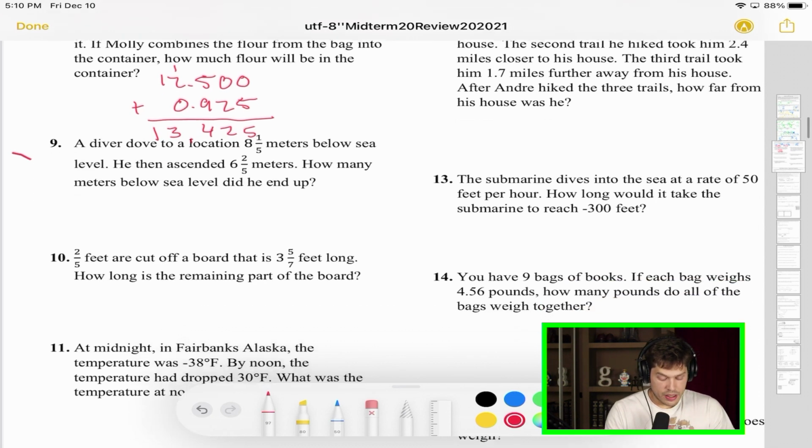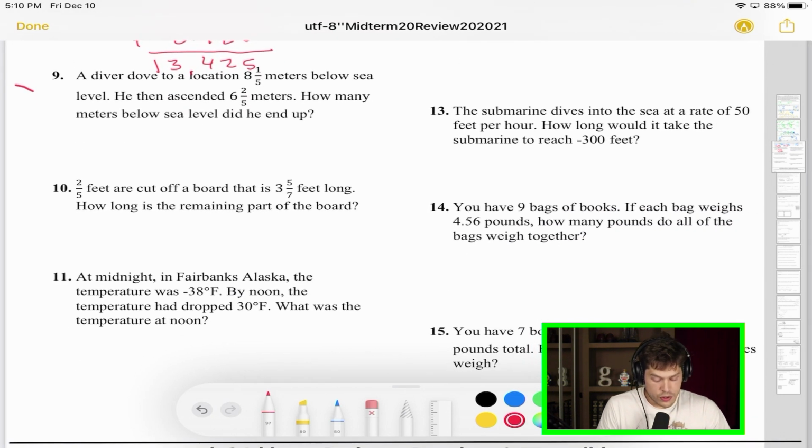Okay. Number 9. A diver dove to a location 8 1/5 meters below the sea. He then ascended 6 2/5. How many meters below the sea did he end up? So he went down 8 1/5, and then he went up 6 2/5.